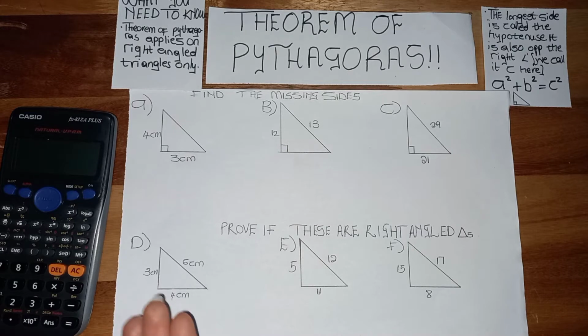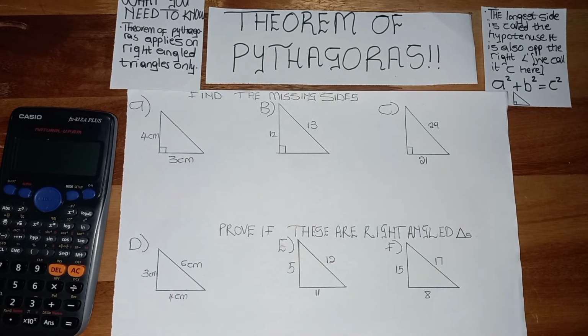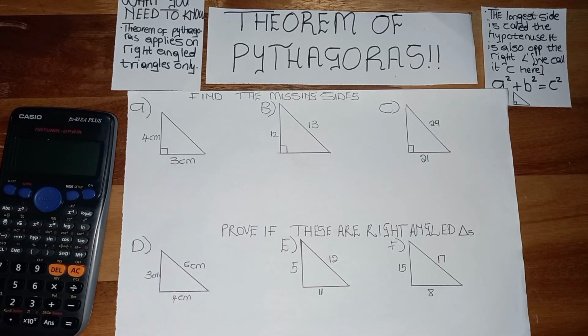What you don't know is whether this is a right angled triangle or not. When you look at it, you can just say, I think it's a right angled triangle, even though we don't have a box that indicates it. But how do you prove that you think it is or it is not? We are going to prove that using the Theorem of Pythagoras.